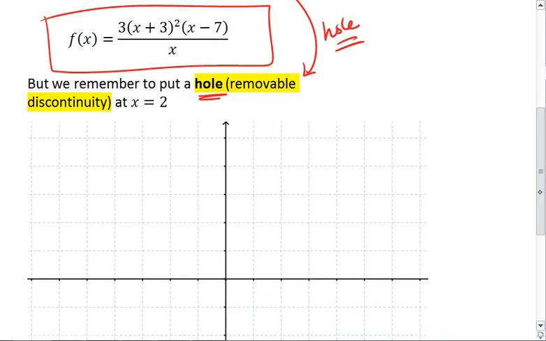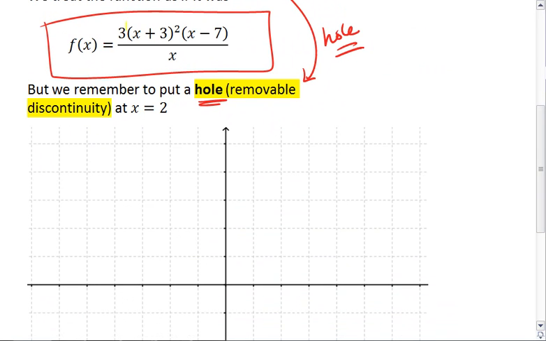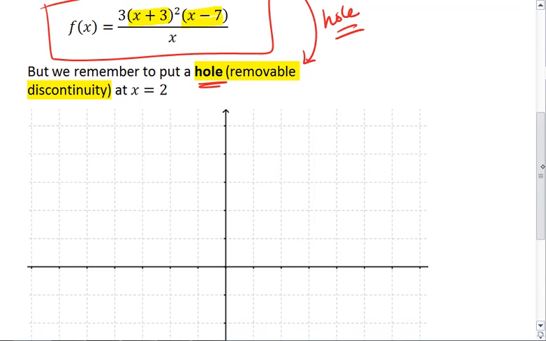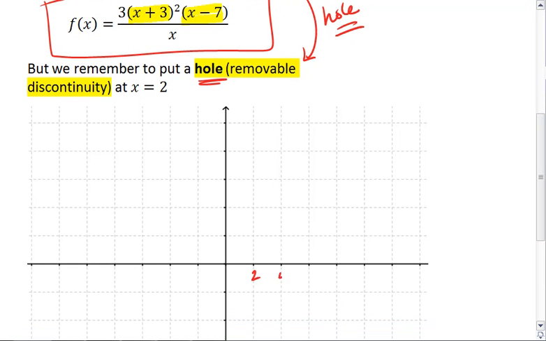Let's graph this. We look at the numerator for our roots. We have a root at -3 and +7. Because the x plus 3 is squared, we are going to bounce at -3.